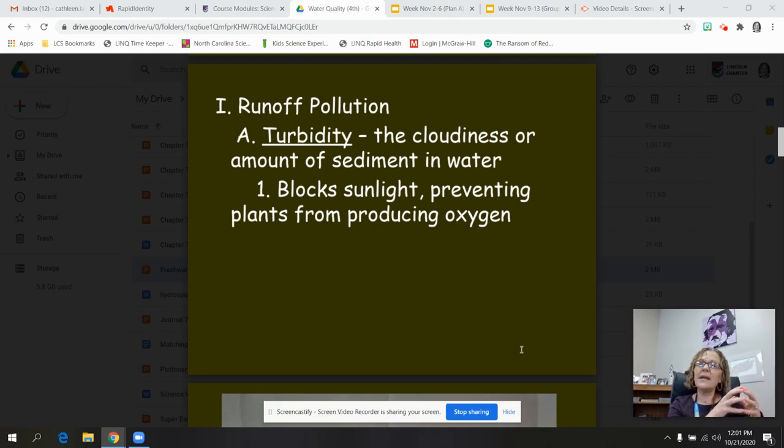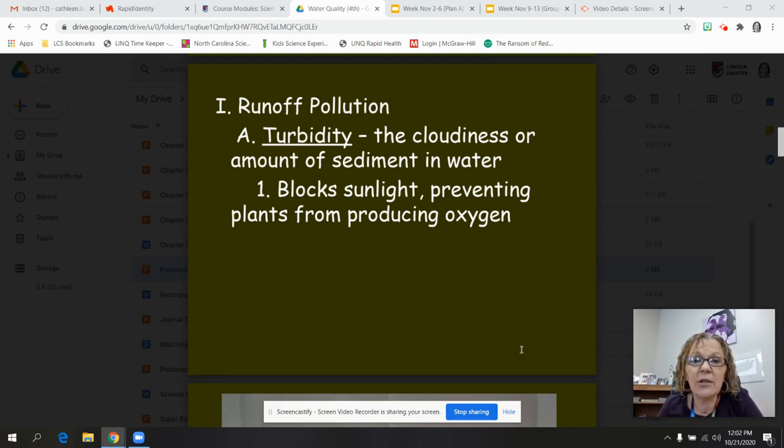And if the sunlight can't penetrate the water, then photosynthesis doesn't occur, and the fish can die because it prevents those plants from producing oxygen, which contributes to the healthy fish and the insects and everything else in that ecosystem.